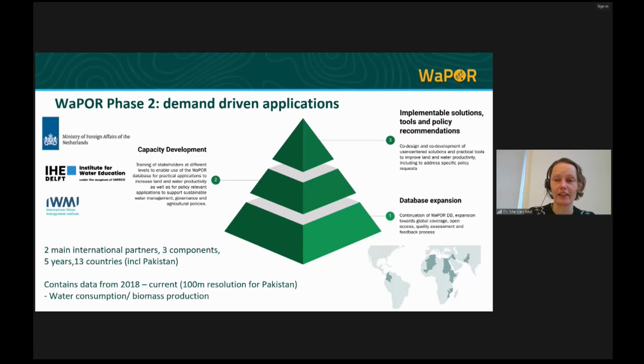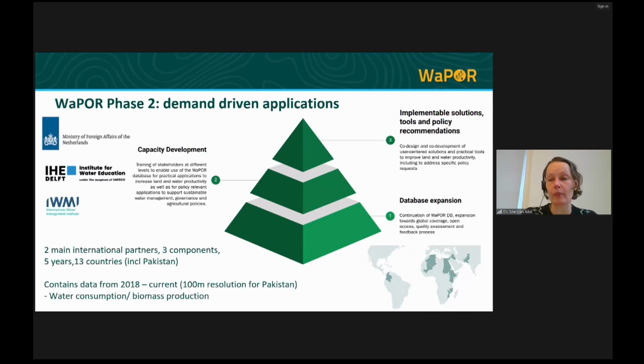And then finally, as a last slide, as I already mentioned in the beginning of my presentation, the VAPOR data: we're currently in the second phase of the project. We've done a lot of water accounting assessments using the VAPOR data because it contains a lot of the information that we need for the analysis.